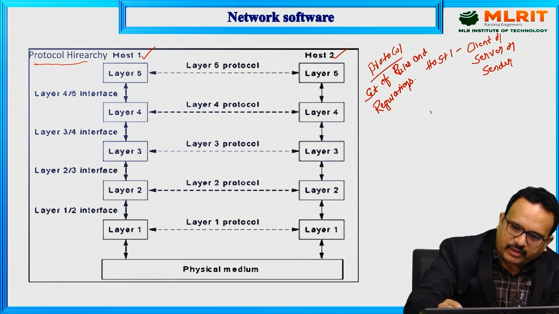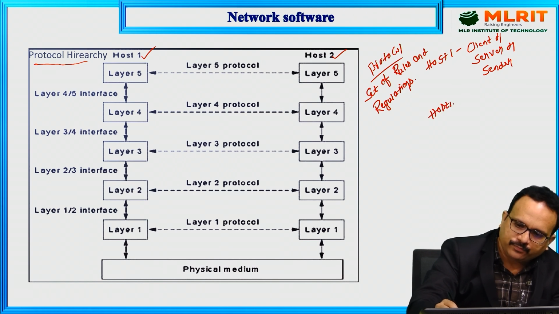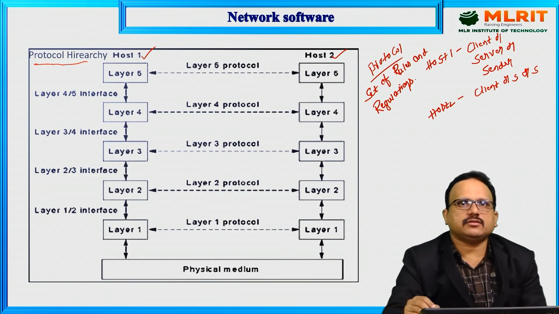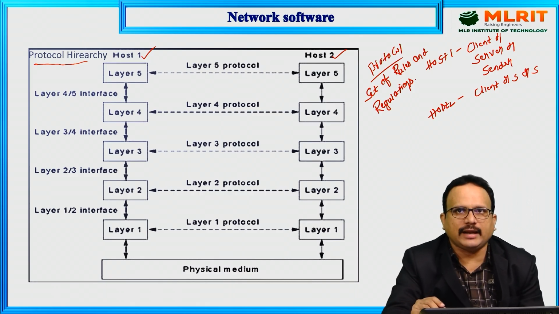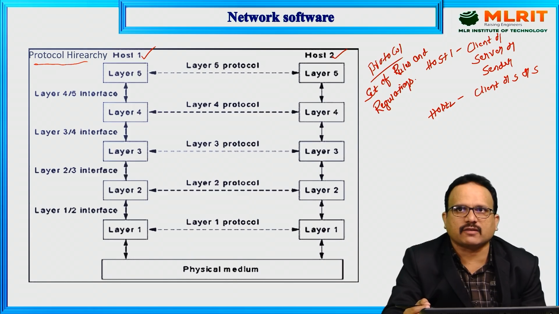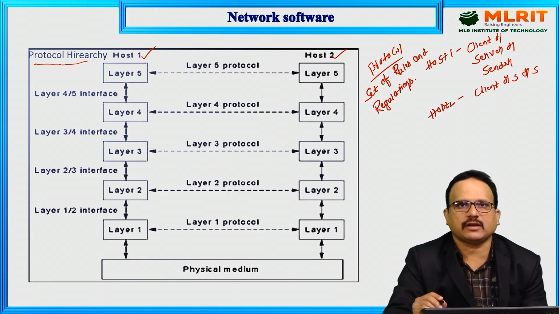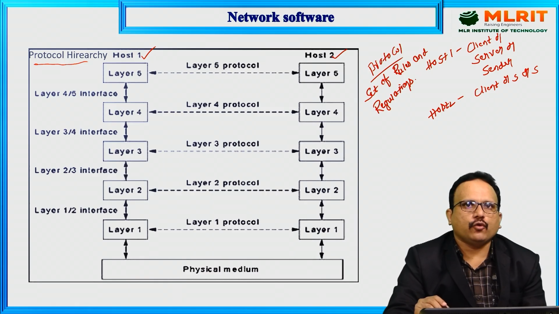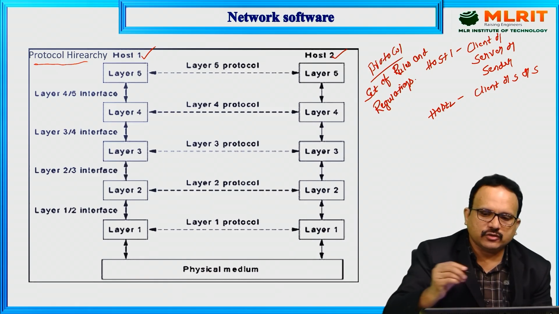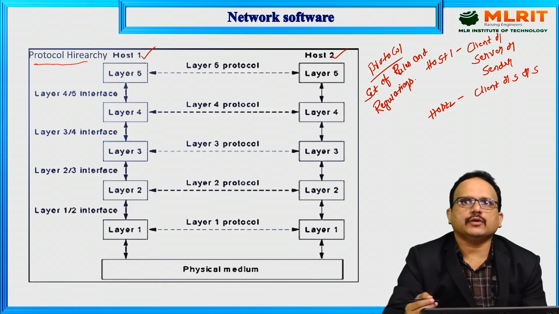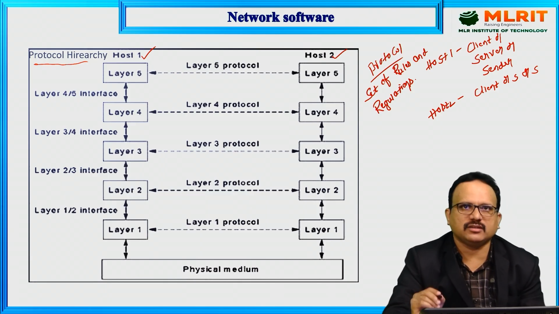In the same way, host 2 can also be a client or server or sender. So for example, if host 1 is a client, host 2 will be considered as a server. If host 2 is considered as a client, host 1 will be considered as a server. Or if host 1 is a sender, host 2 will be the receiver. Or if host 2 is a sender, host 1 will be the receiver.